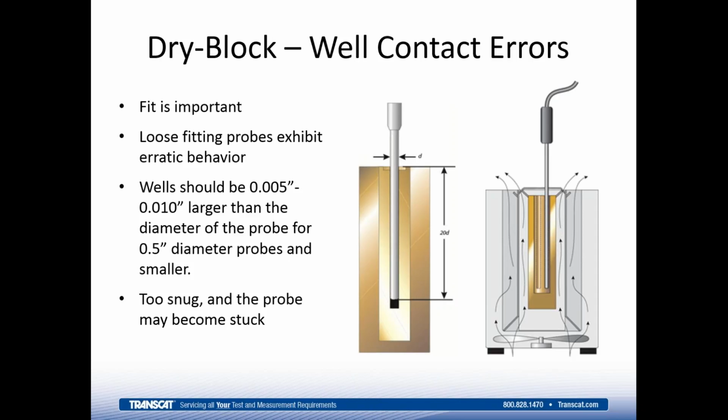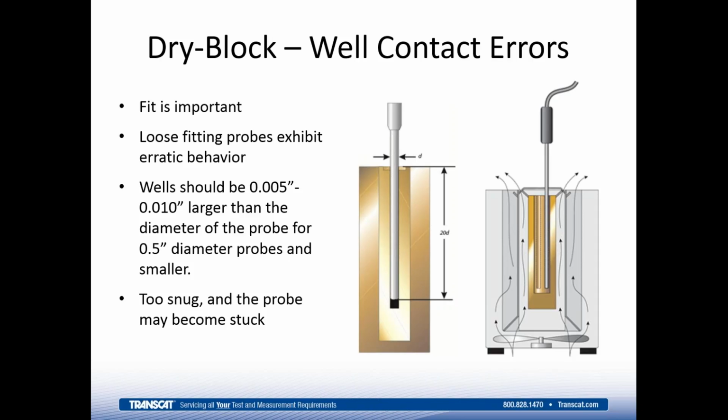The problem is when there is a large gap between the insert walls and the diameter of the probe, you're going to have large errors in the temperature, because the stem conduction effect is going to start from the very bottom of the probe, instead of at the interface of the top of the block to the probe. That could be really disastrous.